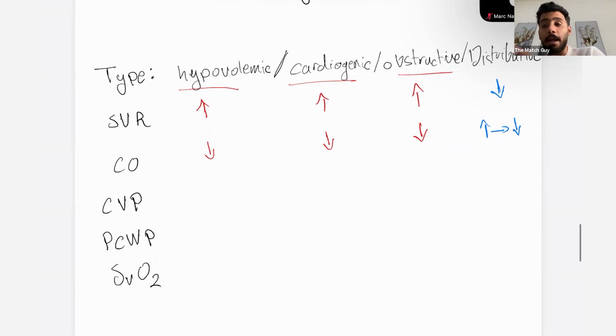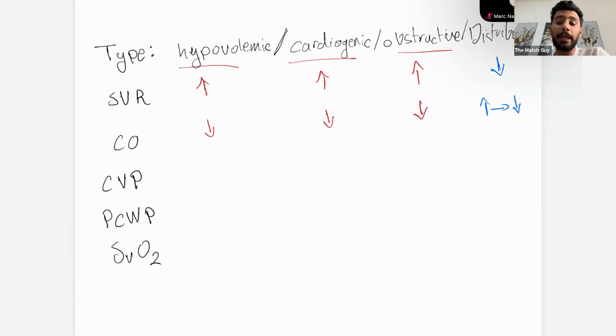So the first thing I think you should be looking at is the systemic vascular resistance, because it's going to tell you if this is distributive shock or another type of shock, okay? And now the central venous pressure and the pulmonary capillary wedge pressure are going to help us also differentiate between the different types of shock.